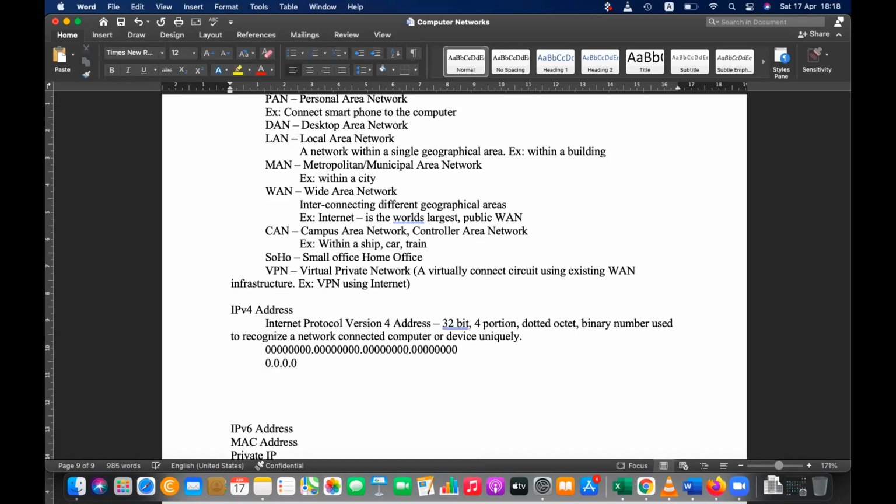The highest value that we can take is 1, so 1, 1, 1, 1, 1, 1, 1, 1. Altogether 8 ones. So how can this be written in decimal?